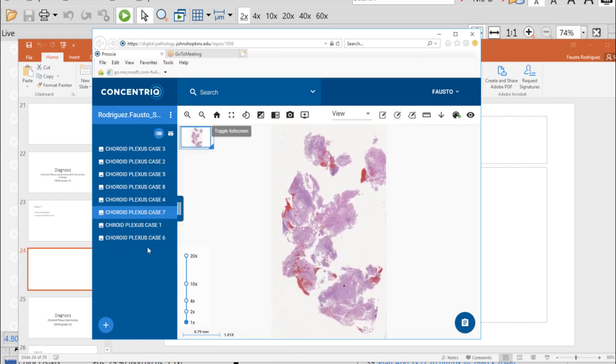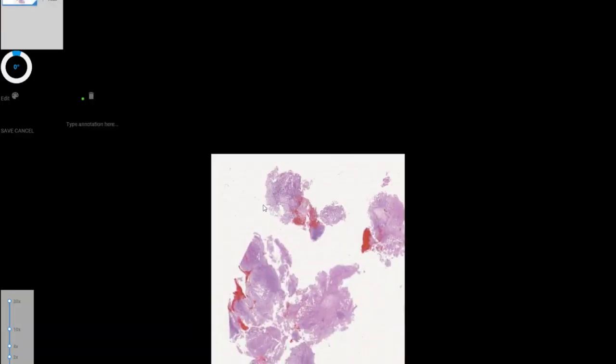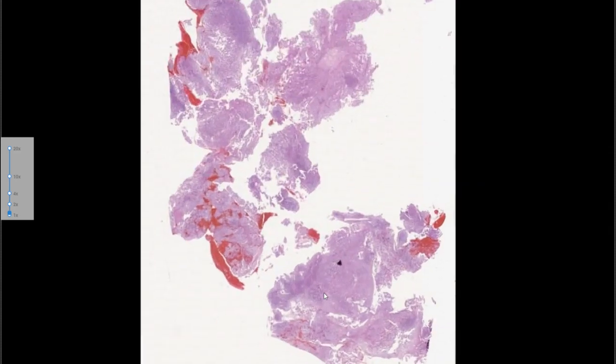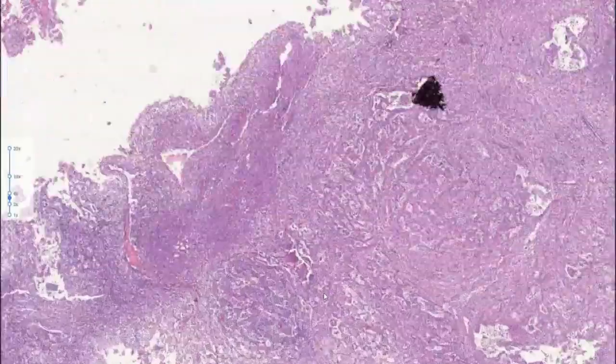So it looks like here is case number 6, which was temporarily missing from the system. So we are in case number 7.